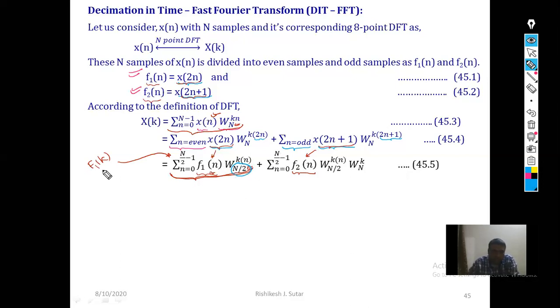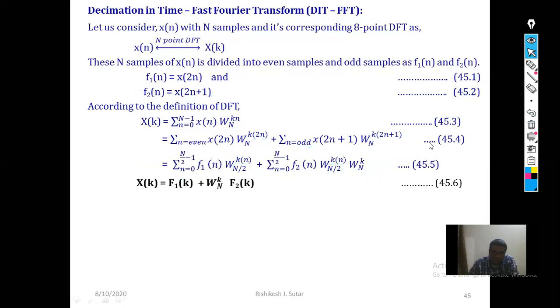Similarly, you can see the summation of f2 of n, where again it is N by 2 and f2 of n. So I can write this as f2 of k, and it is again an N by 2 point DFT, and that is multiplied with this twiddle factor. So let us write this in the next line. So what you can see here is this.